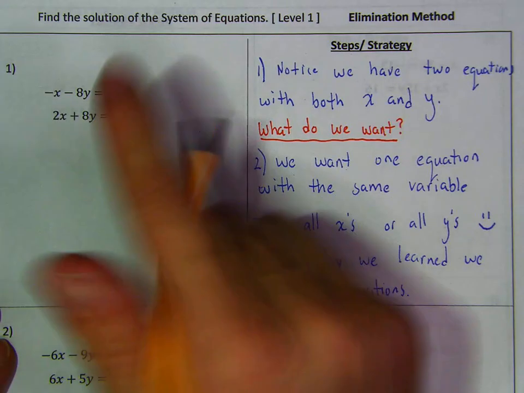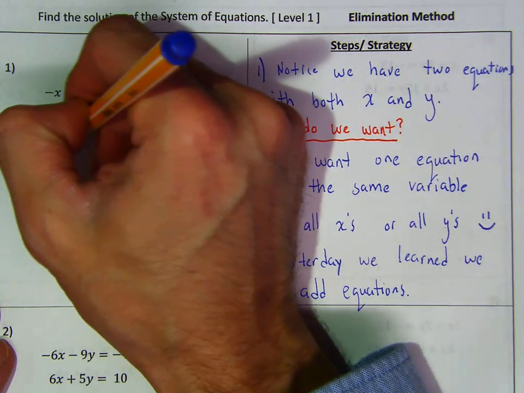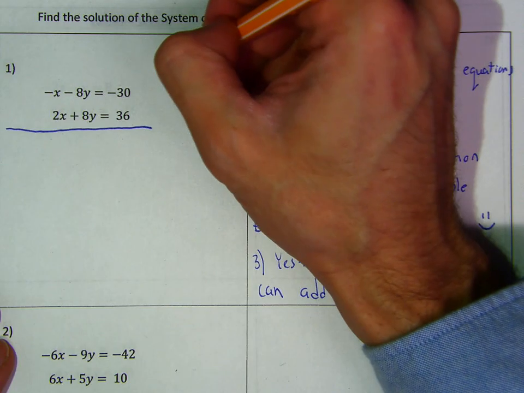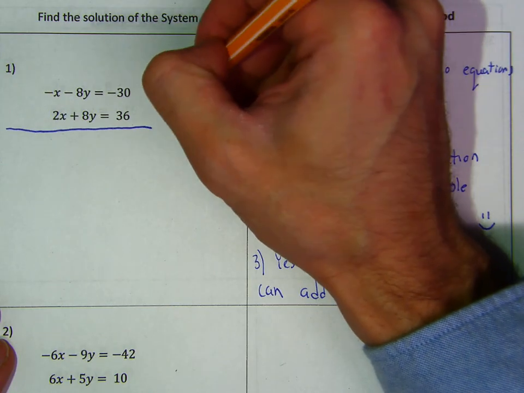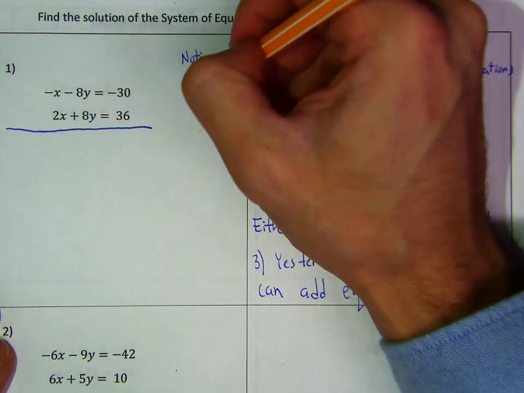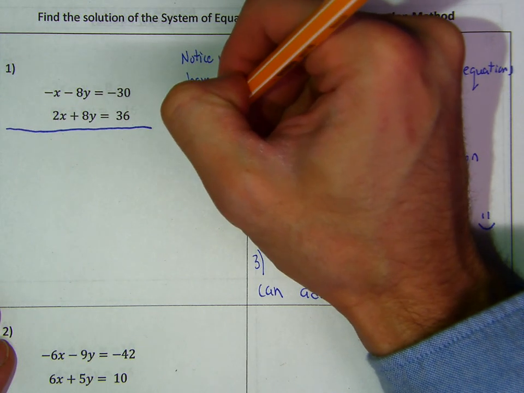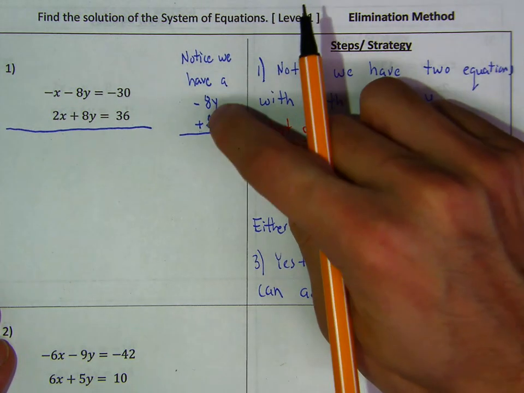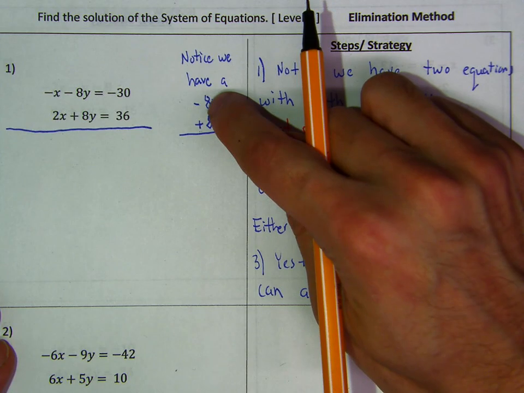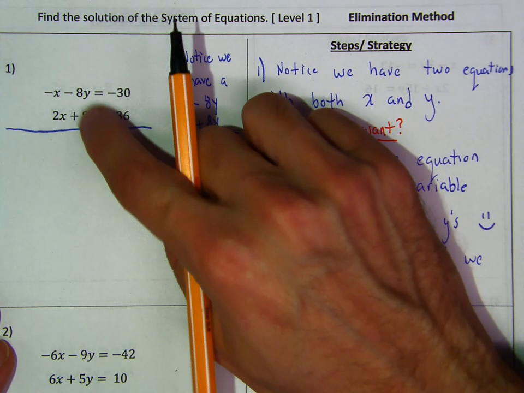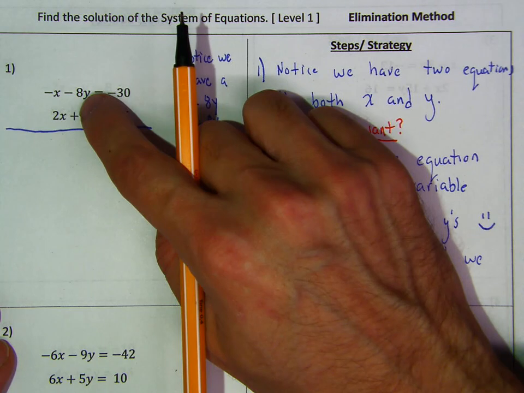So something that's nice over here is, when you take a look over here, notice we have a negative 8y and a positive 8y. So you kind of want a positive and a negative, or a negative and positive of the same number next to the y, or the variable.